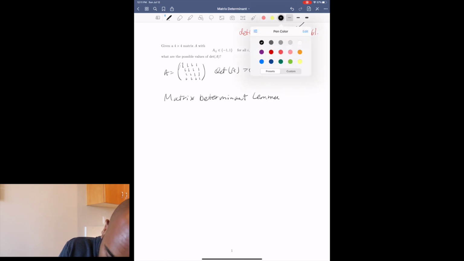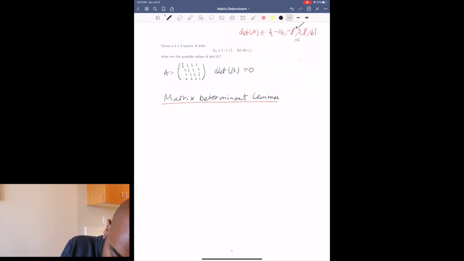So the first version I'll state, which I'll use directly, is the following. So let's say you have a matrix A, and you have two vectors, u and v. So A, I'll make just A a 4x4 matrix because we're in 4x4 land. So A is 4x4, and u and v are both in Rn, or R4.